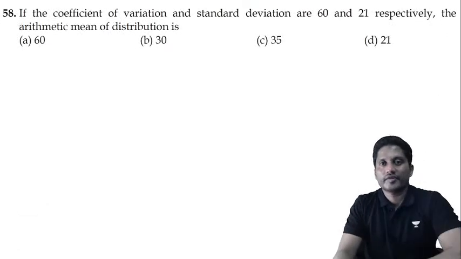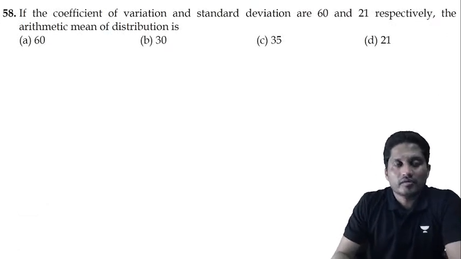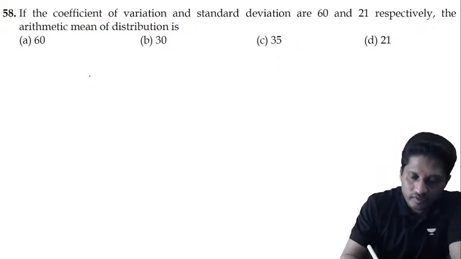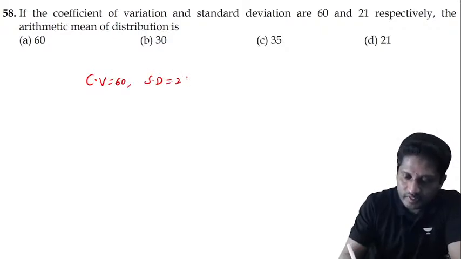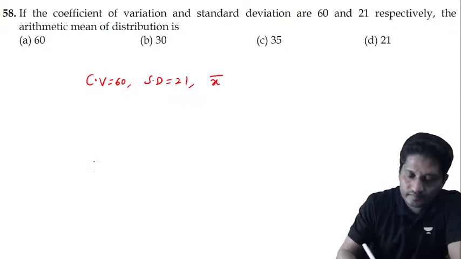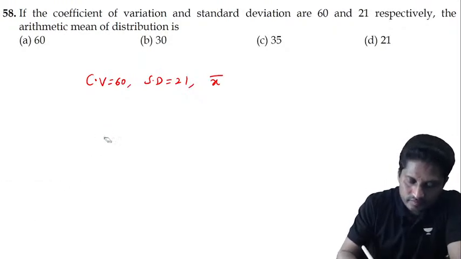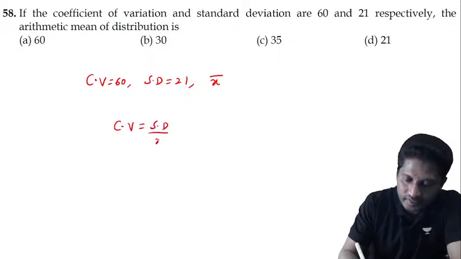The coefficient of variation is equal to 60 and standard deviation is equal to 21. He's asking what is the mean. Coefficient of variation is equal to standard deviation by mean into 100. That's a formula.